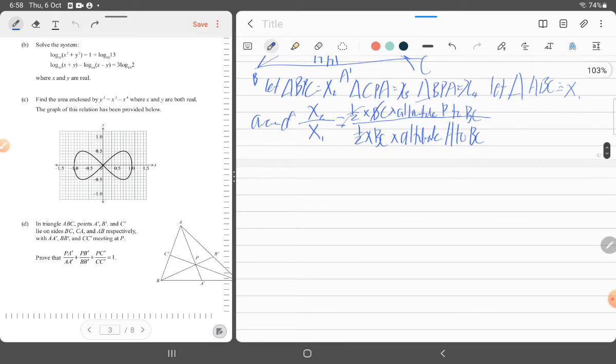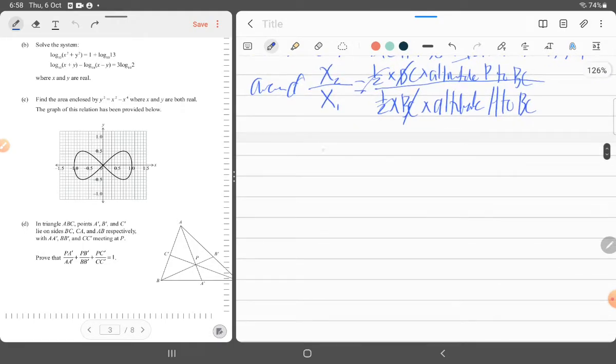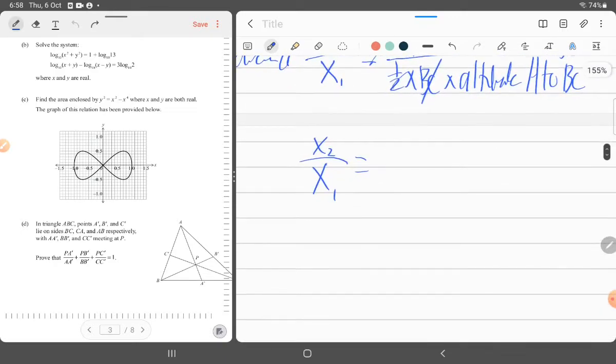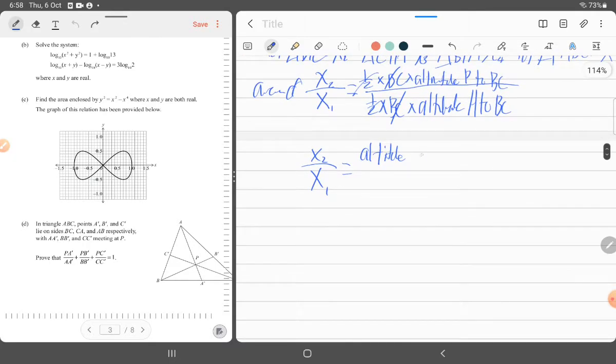This cancels out. So x2 over x1 is equal to the altitude from P to BC over the altitude of A to BC.